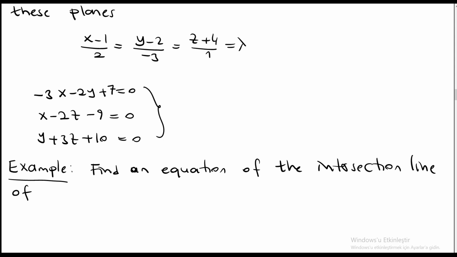The first one is 2 times x, 3 times y, plus z, plus 1 equals 0, and negative x plus y plus 2 times z plus 3 equals 0.